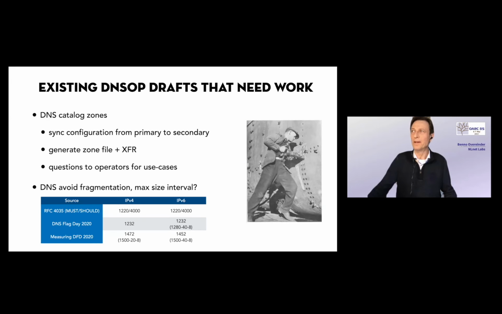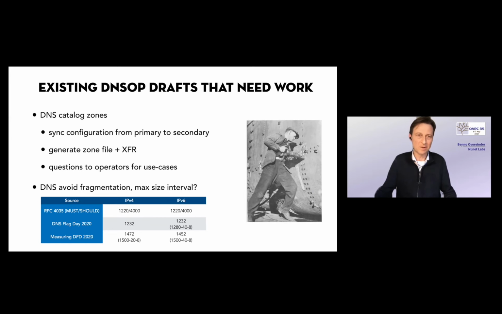More work of active drafts in the working group. So we have DNS catalog zones. It's a provisioning mechanism by syncing configurations from primary to secondary.